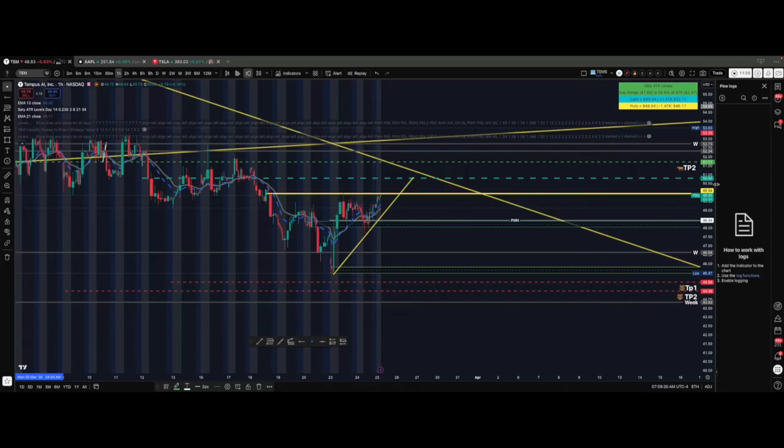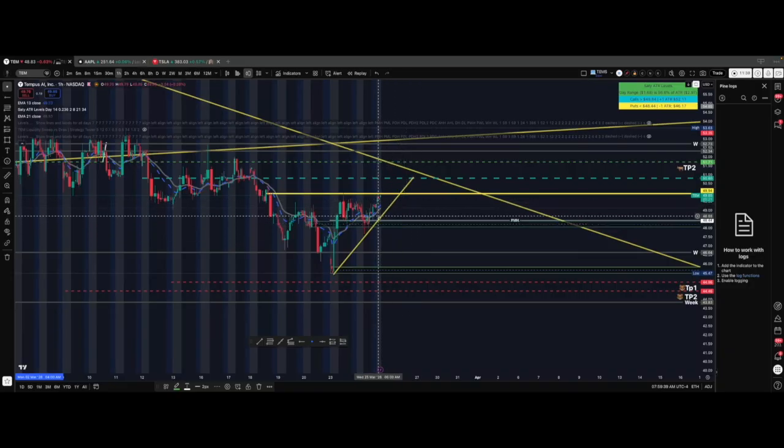So 50.80 and 51.71 would be my two take profits, right? But that's if price comes back down here to this zone that was a supply zone turned into demand zone.